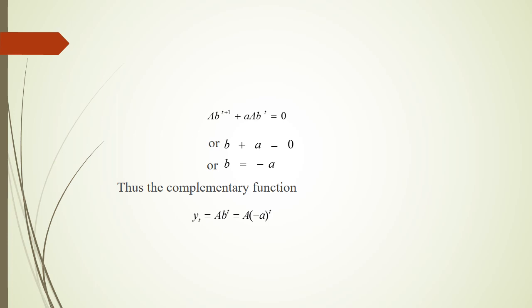Now we can simplify it. Just take A b^t common and take it to the right hand side, then you get b + a = 0, and once again b = -a. Thus the complementary function can be rewritten as y(t) = A b^t = A(-a)^t.